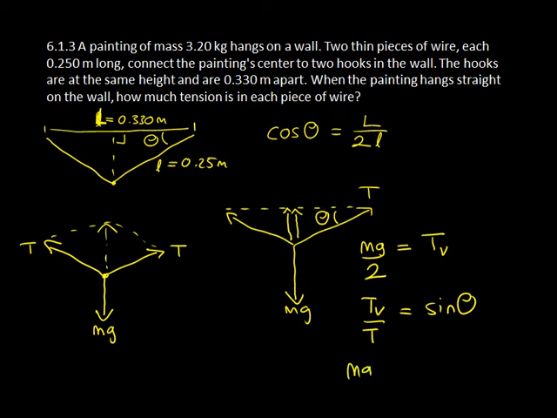So mg over 2 is going to equal the tension times sine of the angle. Which means, I'm running out of space, but the tension therefore is going to be mg over 2 sine theta.